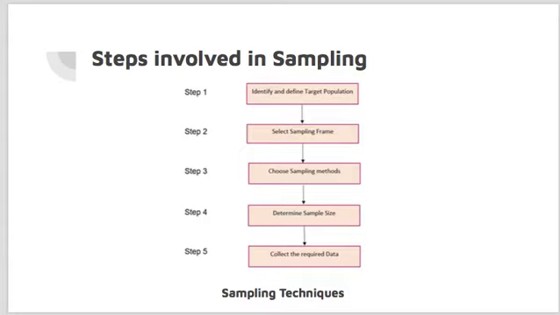The third stage is to choose the sampling method. As I said, there are two sampling methods broadly: probability sampling method and non-probability sampling method. Generally, probability sampling methods are used because in our case, every vote has equal value and any person can be included in the sample irrespective of other factors like gender, caste, community, or religion.